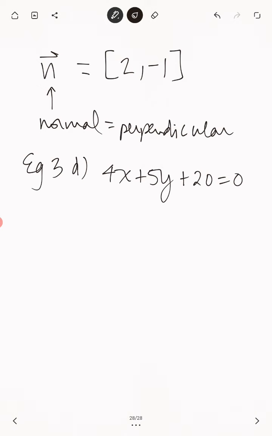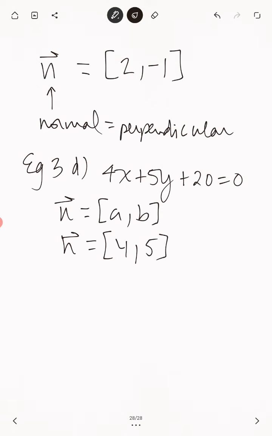Well, what we just found out is that the coefficients of x and y here, let's call them a and b from the scalar equation form, and in this case they're 4, 5, create a vector that is perpendicular to a direction vector for the line, for the vector equation of the line.